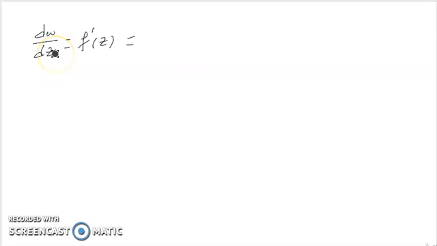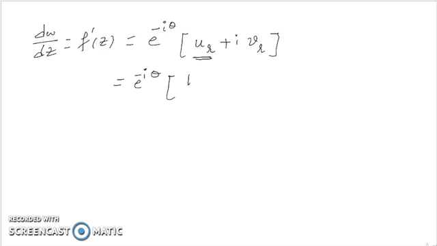In case of polar form, we had e raised to minus i theta into the bracket u subscript r plus i into v subscript r from equation 2. I think you remember this. So we will directly substitute: e to the power minus i theta, u subscript r we have got 1 over r, plus i into v subscript r, which we have got 0.